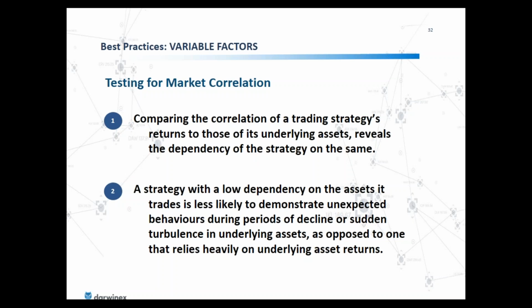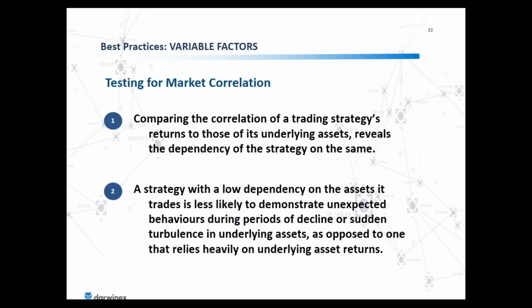So say a trading strategy is modeled on the euro dollar and the British pound dollar. If it relies too much on those two assets, it therefore has a high dependency on the movements of those assets, and is therefore subject to the risks those assets may face at different periods of time.